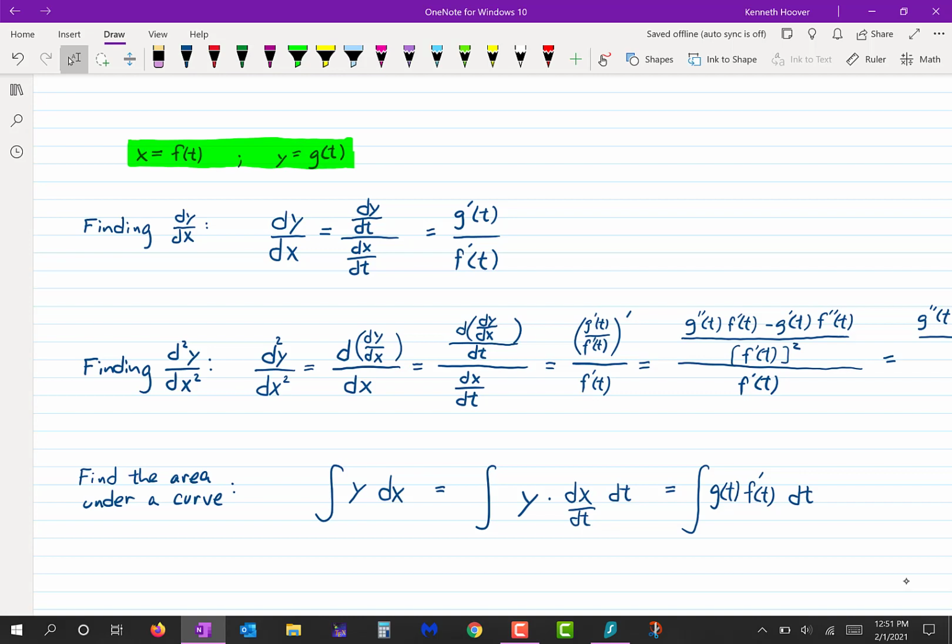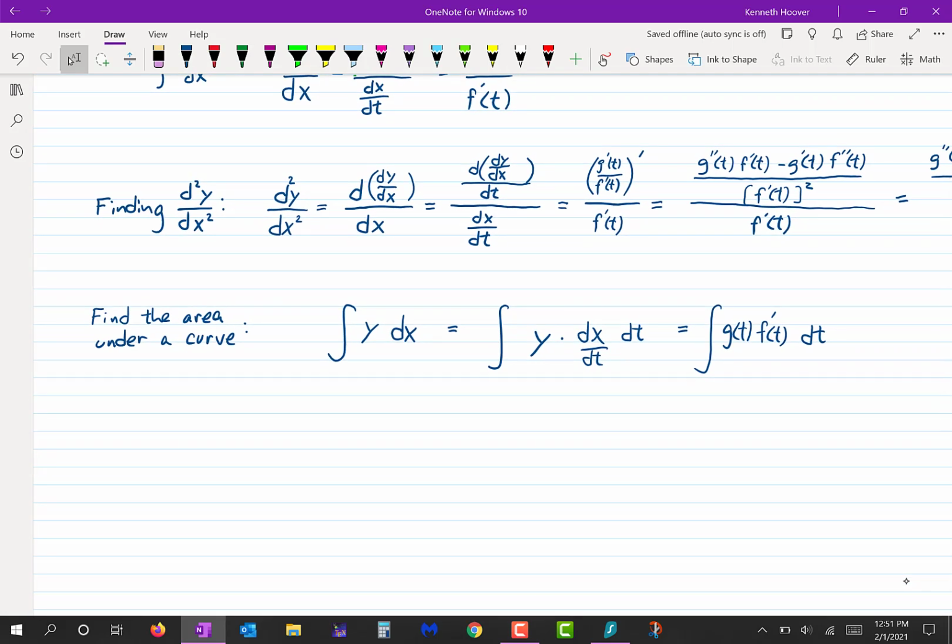How about arc length? Do you remember the formula for arc length?